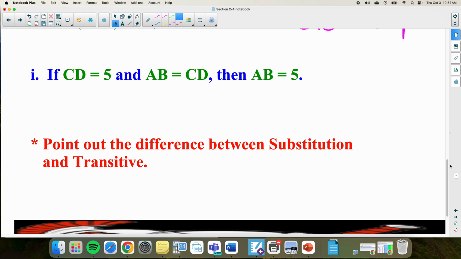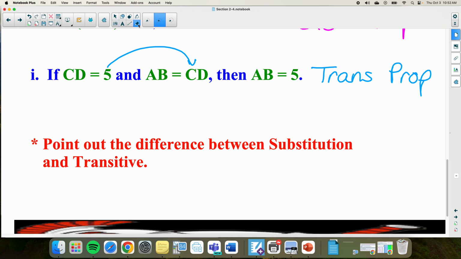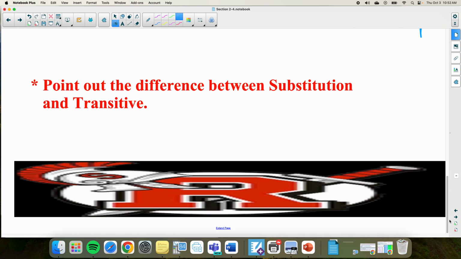So basically what they did here is they picked out this CD and they put 5 in there. Not trans, I'm sorry. Substitution. Sorry. And remember, substitution is SUBST.